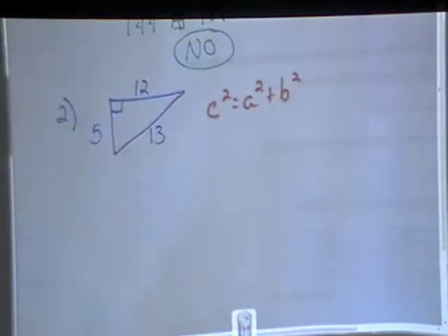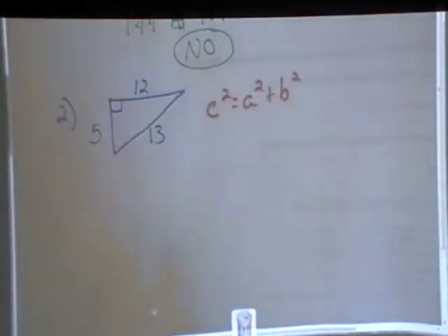The question is, which of my numbers is C? Because it's the only one that matters. A and B are okay, they can be whatever. So, I said C is what? The biggest number. So you got a 5, a 12, and a 13.